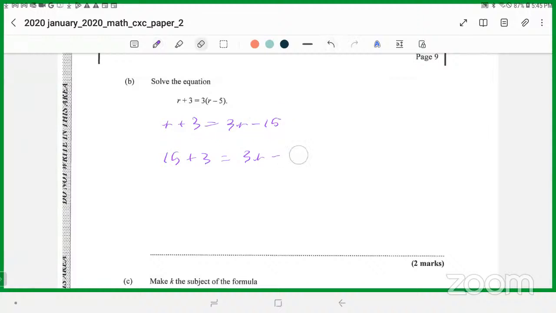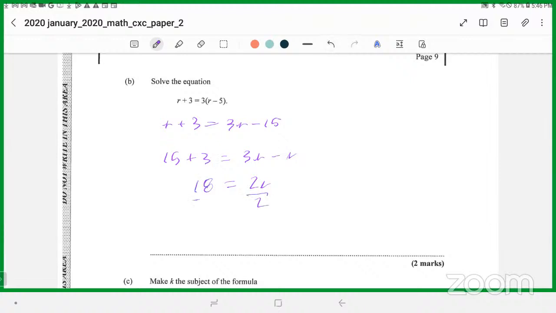And this positive R came on this side and became a negative R. And so 3R minus R is 2R. And 15 and 3 is 18.